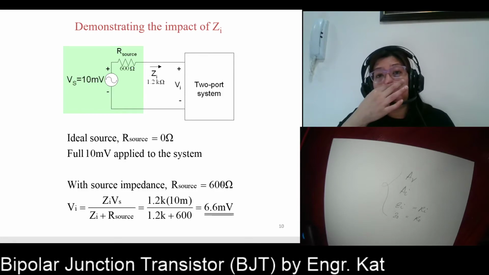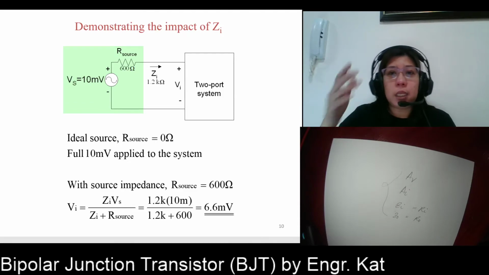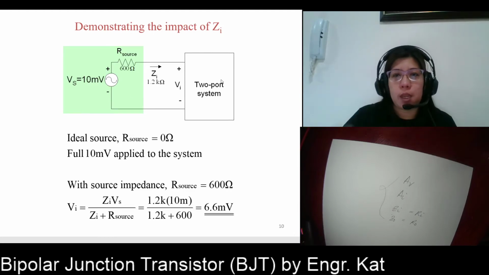That is the impact of your ZI. That means we have to choose an input impedance that is greater than your source resistance so that it will have a greater share of your VS, because if it has a lower share of your VS, the one which will be amplified is very, very small.